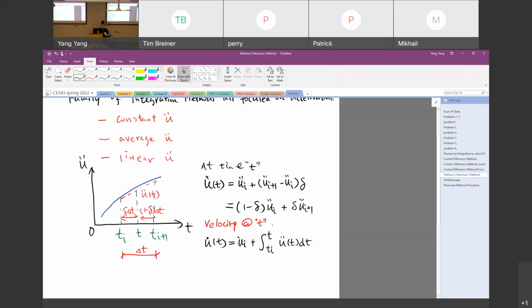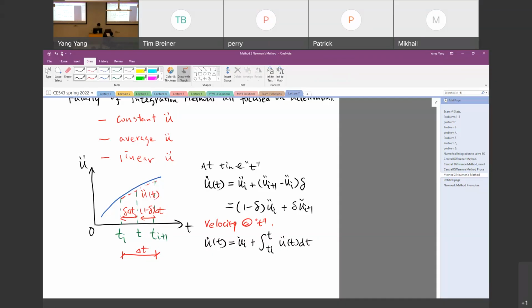So the velocity at time t should be equal to the velocity at time Ti plus the integration from time Ti to time t of the acceleration. That's a very simple relationship between velocity and acceleration. Do you agree with me? Nothing fancy math here, just basic calculus.